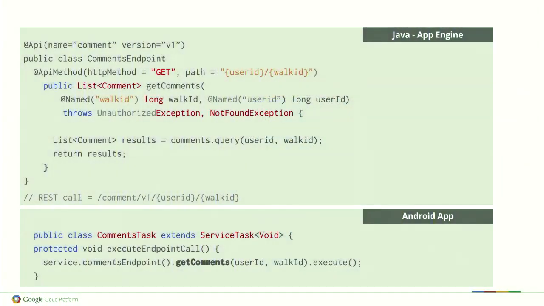As an example, I hacked this together earlier because my example wasn't Walkshare. This is basically a Walkshare method, say getComments, that would return a list of comments. We've annotated the class initially with @Api. name equals comment says we want this API to be called comment, and we want the version to be v1.